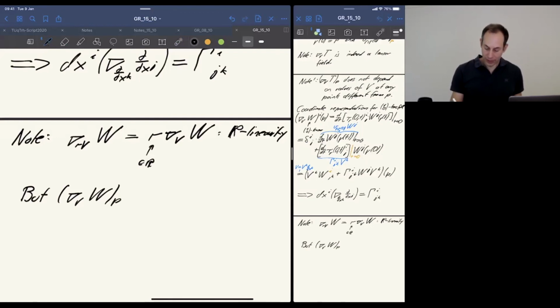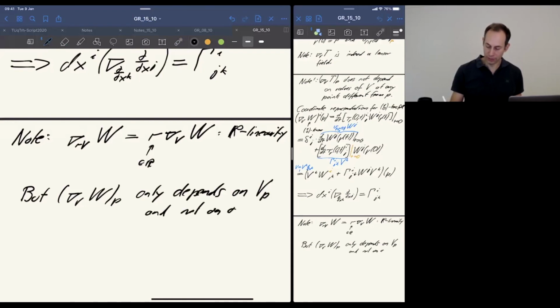And now what I actually just noted again in the break, answering a question, is that this whole thing depends on V_p and not on other points.